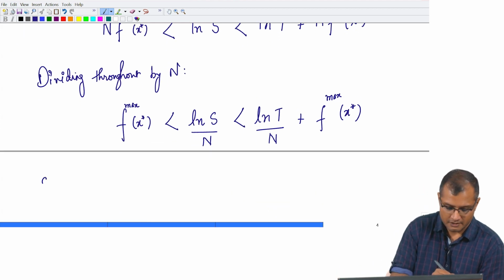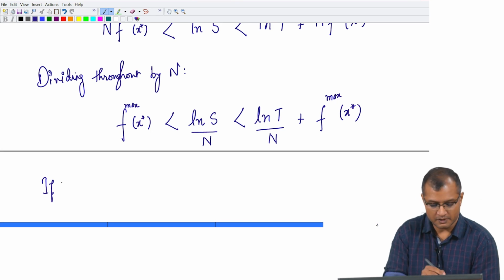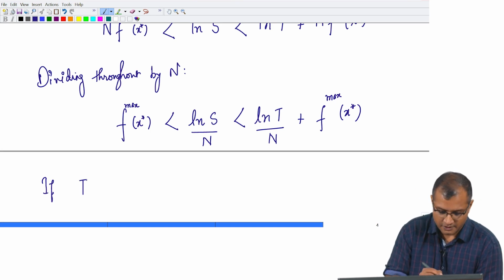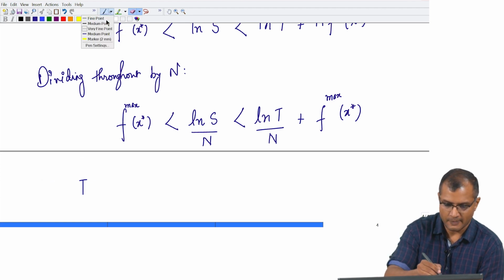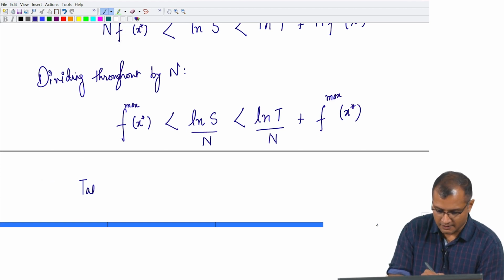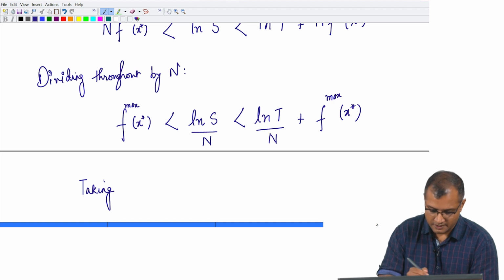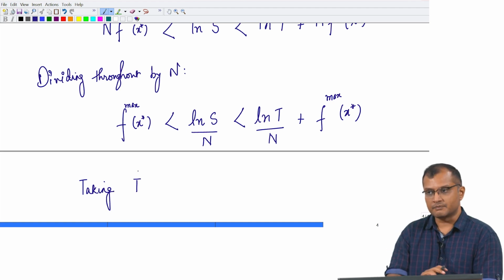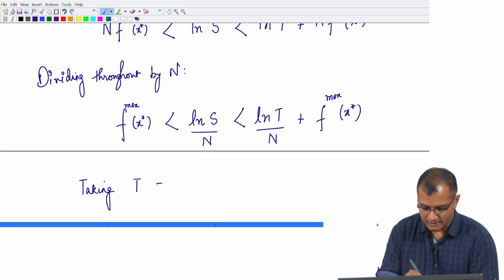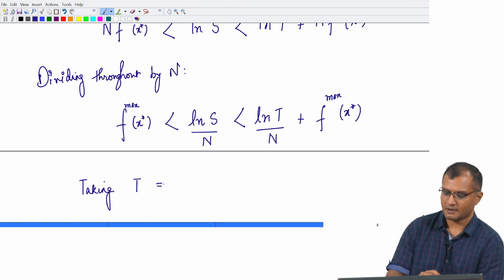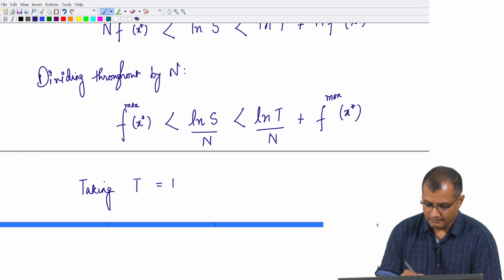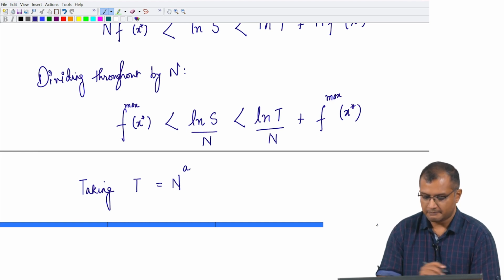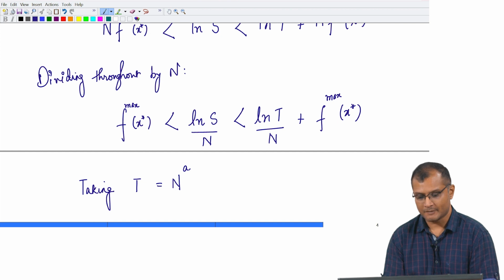If you take, and which is always possible, so I will say taking our T, the total number of terms, as some power of n, okay, which is always possible.